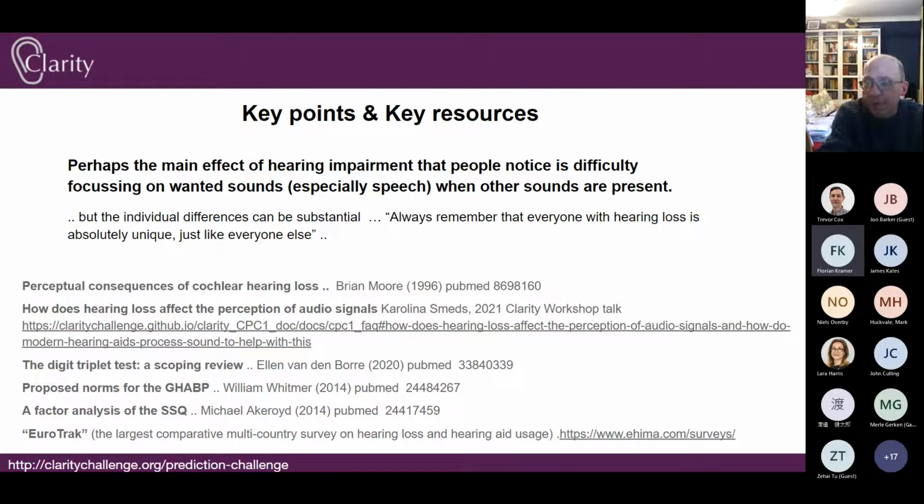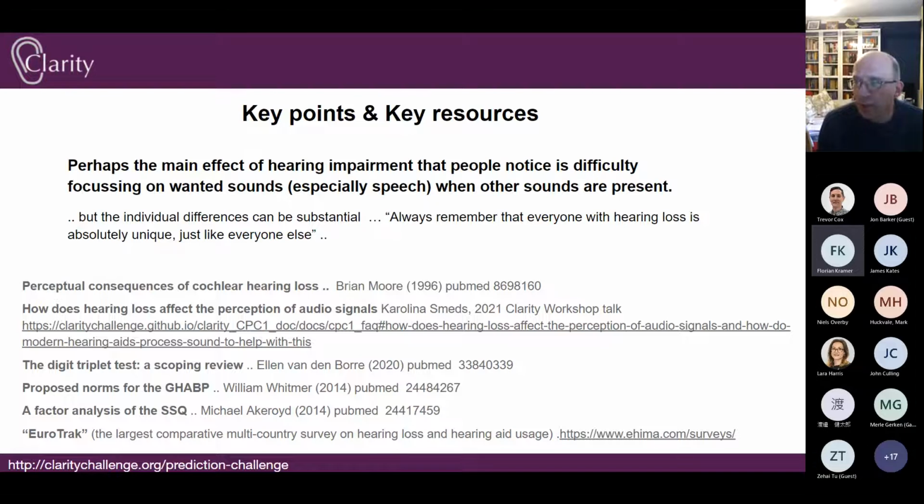I put at the bottom of the slide some key citations. There's an important paper written by Brian Moore, who's one of the world experts in hearing impairment research, and a talk Carolina Smeds gave at the recent Clarity workshop that gives an overview. Then there are three papers on each of the tests that you've got extra data on for our participants: the digit triple test, which is a speech test, the GHABP, which is a questionnaire about how good their hearing aids are doing for them, and the SSQ, which is a measure of their wider hearing problems.